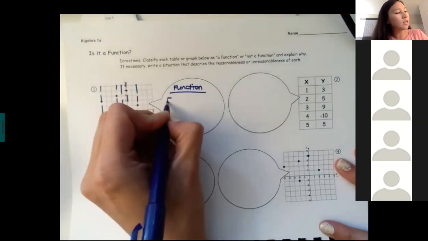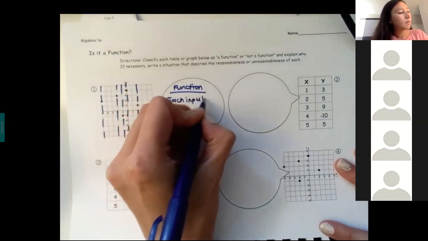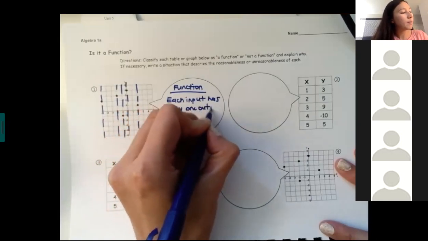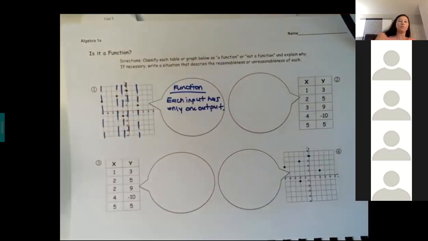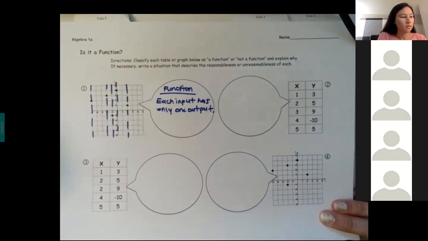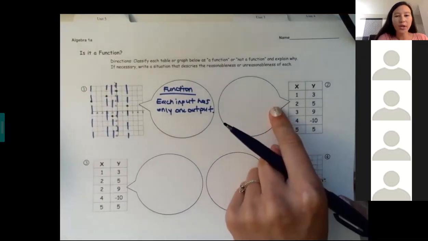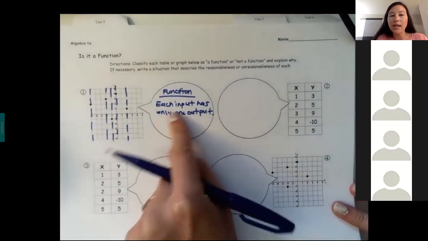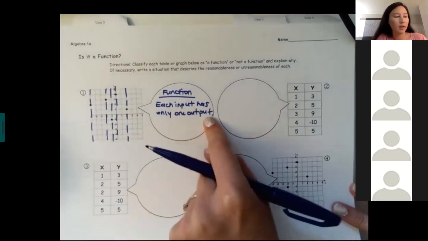That means that each input has only one output. Any questions on number one? No. Okay, number two. So now we're looking at the table. We have to check using our definition of a function that each input has only one output.